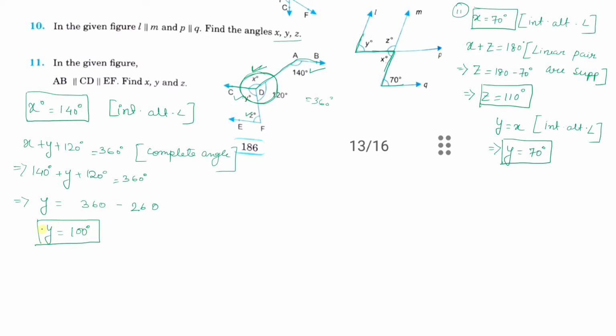Okay. Next z. Look here, y and z are forming a structure like this, means this one is y, this one is z. So they are co-interior angles. So y plus z equals 180 degrees. The reason will be co-interior angles are supplementary. So find the value of z from here. You will get it as 80 degrees.